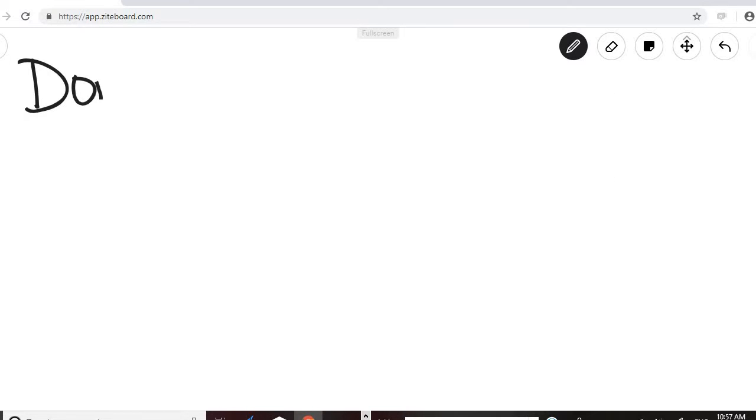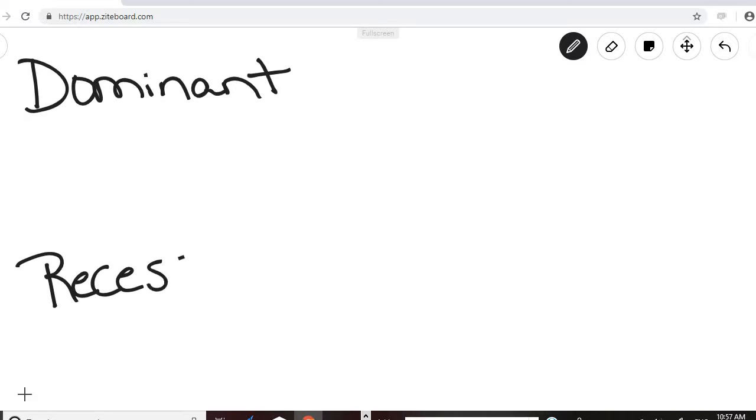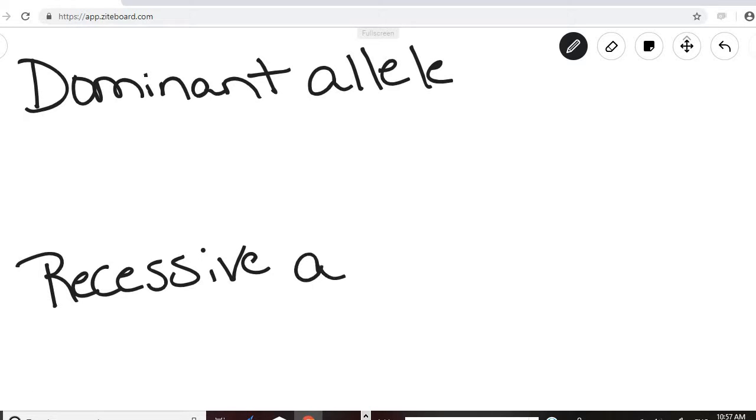Okay, so homozygous and heterozygous, those terms refer to the genotype, and then a couple other terms that we use are dominant and recessive. So you can have a dominant allele and a recessive allele. So a dominant allele is one in which if it is present, it will always determine the phenotype.